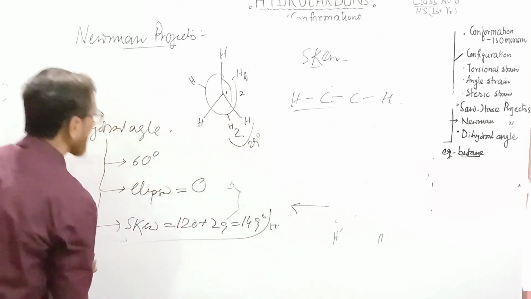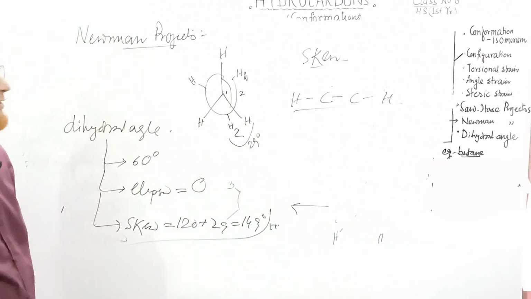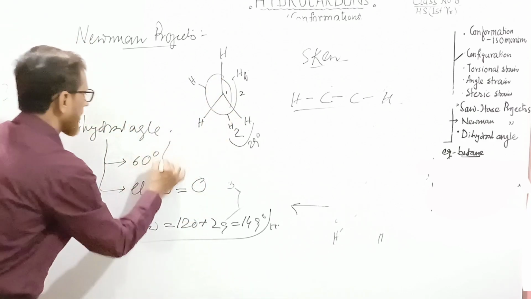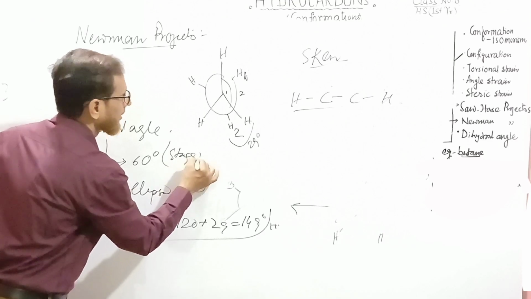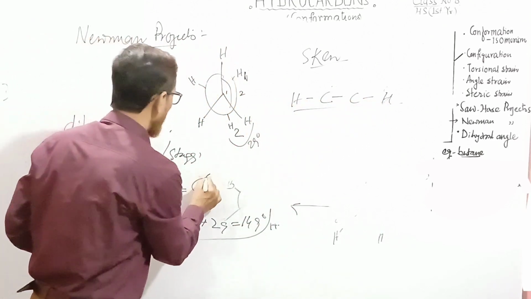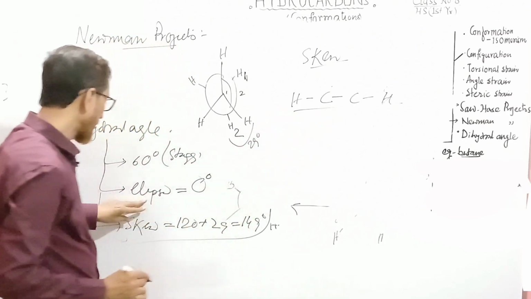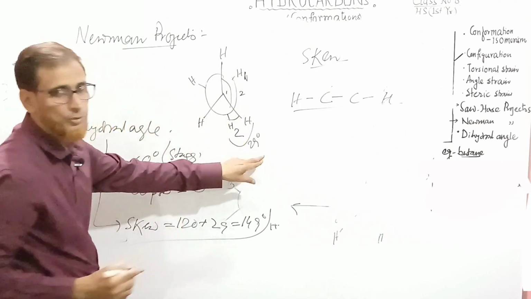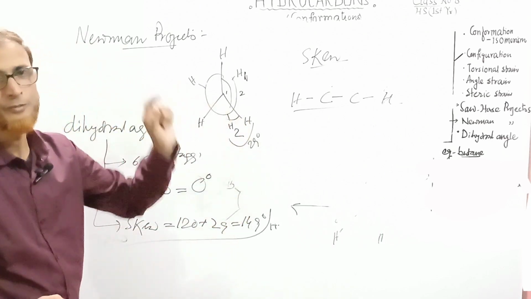Very often asked in JEE and other tough exams, dihedral angle. So you keep it in your mind. For staggered HCH angle is 60, for eclipsed HCH angle is 0, and for skew it is 120 plus this 29, it is 149.